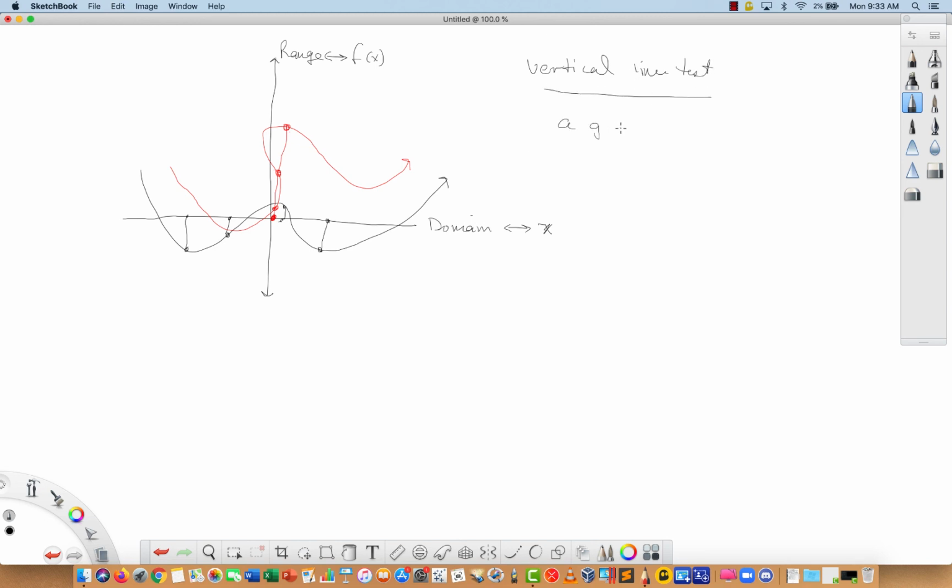A graph is the graph of a function if all vertical lines pass through at most one point.